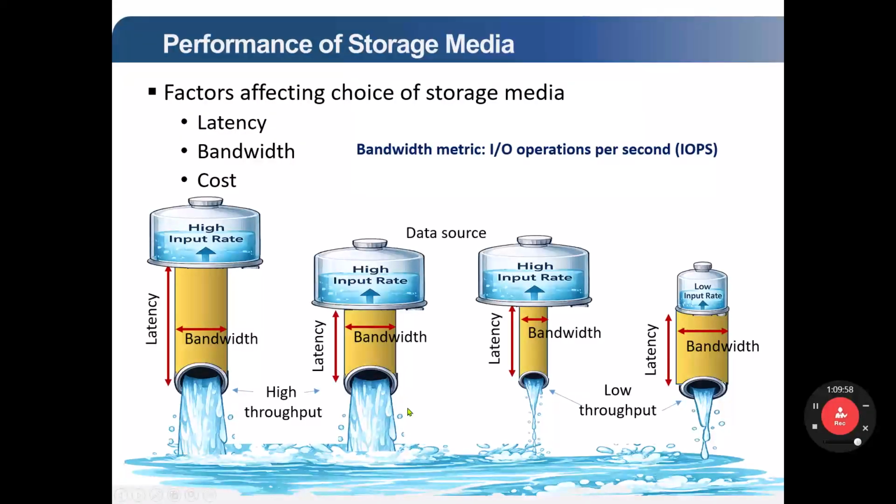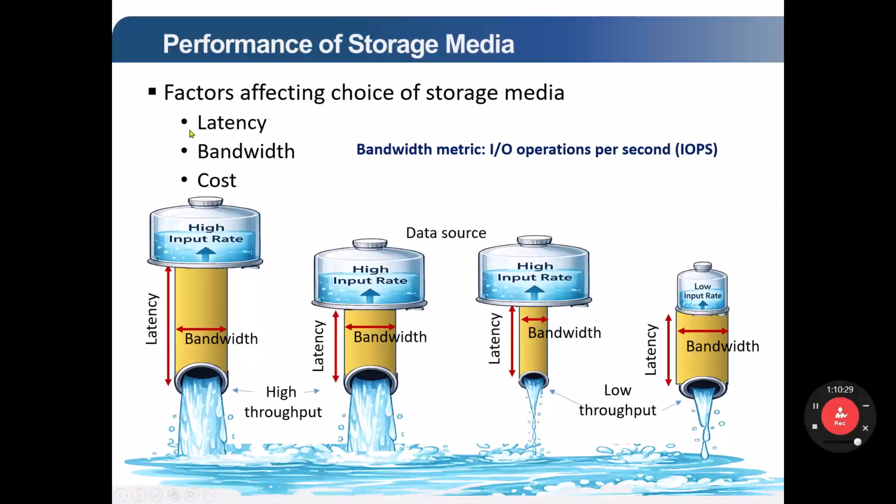I asked GPT to draw this image, and I guess it's too much, but when you consider whether you want to store data in a hard disk drive, USB, flash-based SSD, or main memory, you need to think about these performance characteristics.